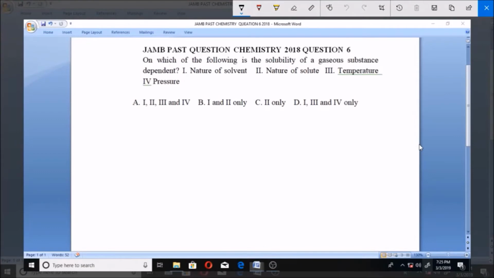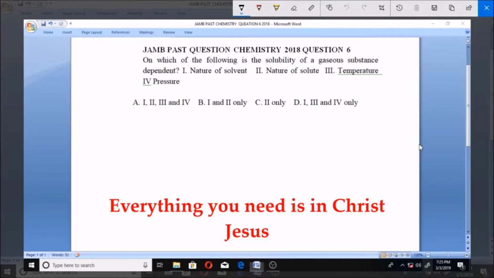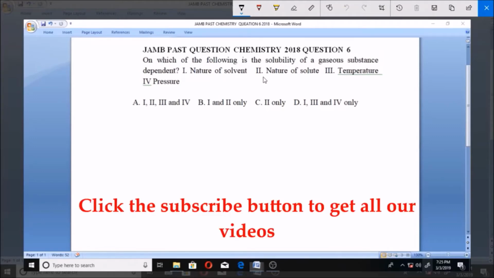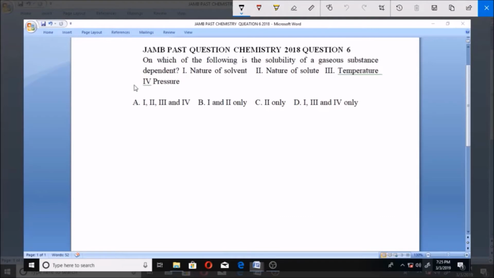Hello, now let's look at question number 6 for JAMB Past Question Chemistry 2018. On which of the following is the solubility of a gaseous substance dependent? I. Nature of solvent. II. Nature of solute. III. Temperature. IV. Pressure.